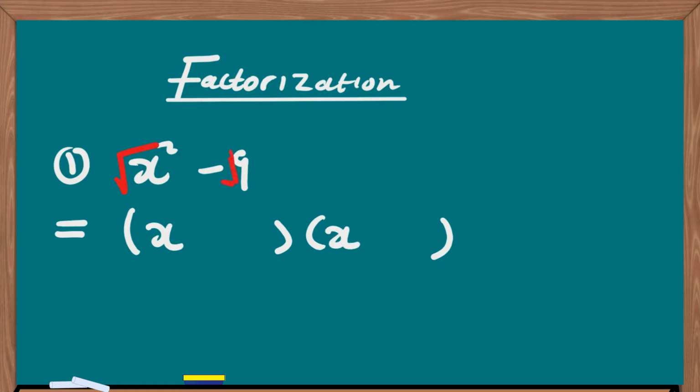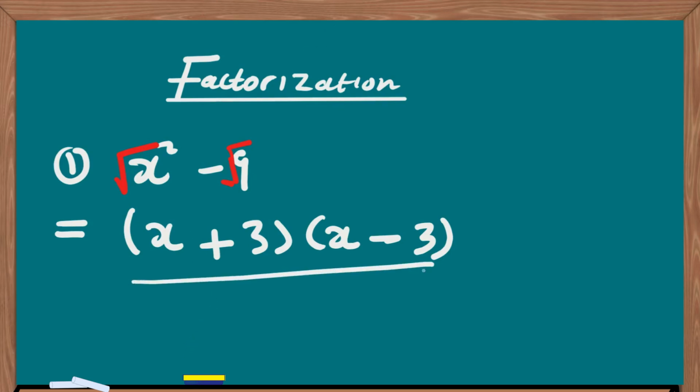The square root of 9 is 3, so we write 3 here and 3 here. For the signs, plus and minus, and the order does not matter. You can say minus, plus or plus, minus. This makes our final answer.